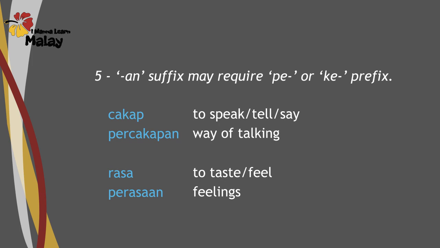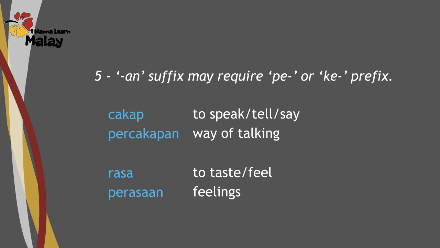So in addition to an added as a suffix, we may see per or pe or peng or pem added in front, or ke added in front as additional support for the word to make sense. Now, there are no specific rules for this.